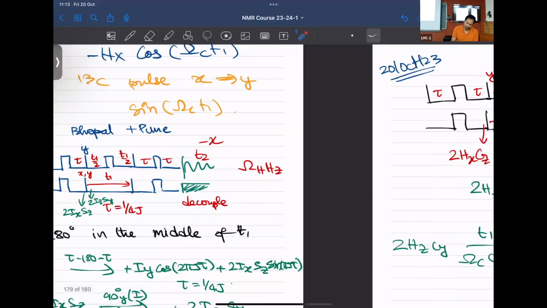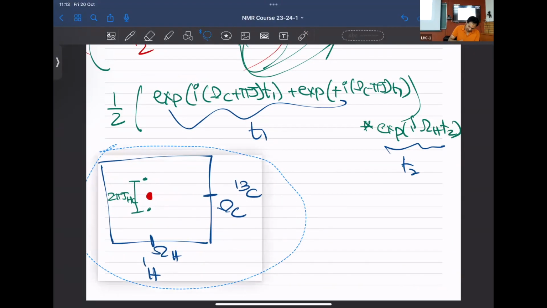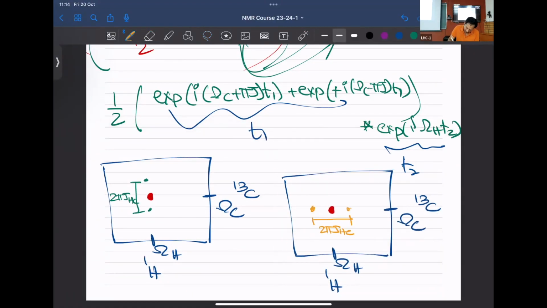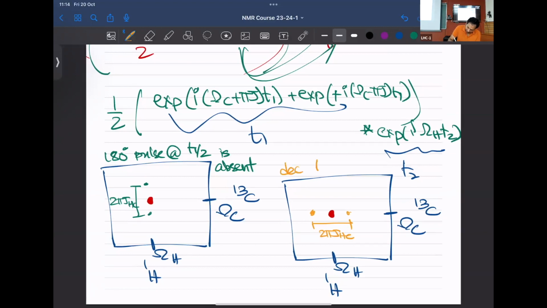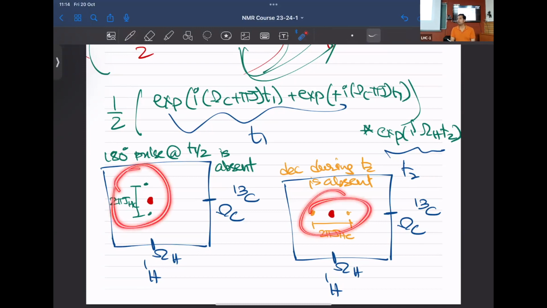In such a case, the 180 pulse at T1 by 2 is absent, and decoupling during T2 is absent. So in theory, you can measure the one bond proton carbon coupling either from the F2 or from the F1. F1 is the indirect dimension. F2 is the direct dimension.